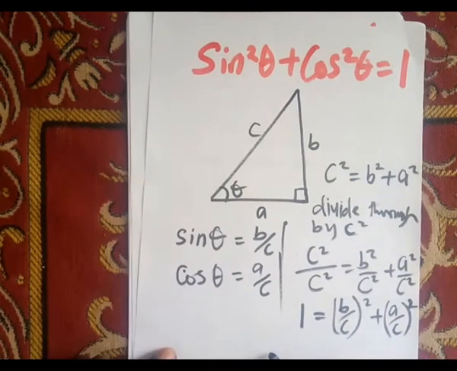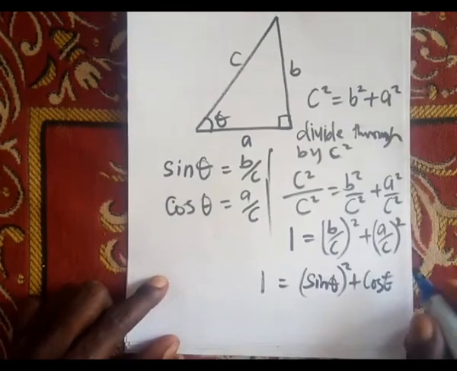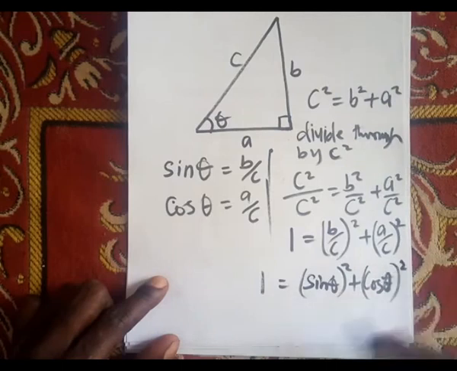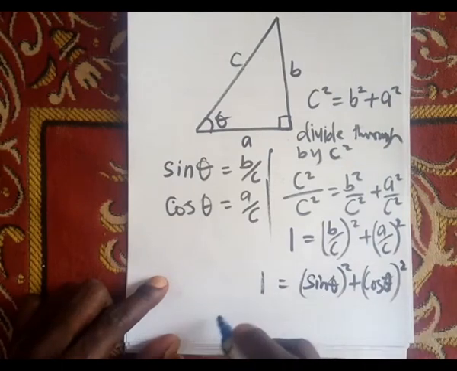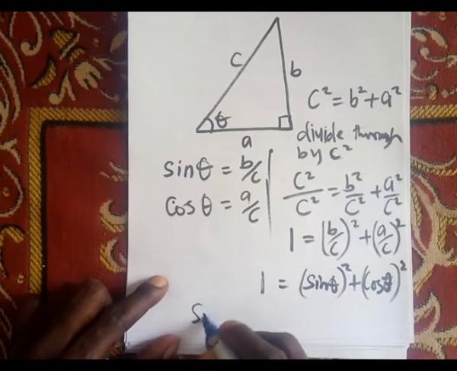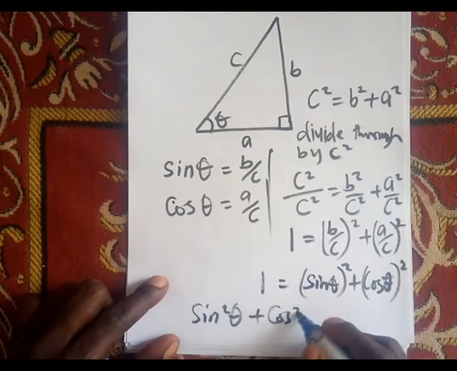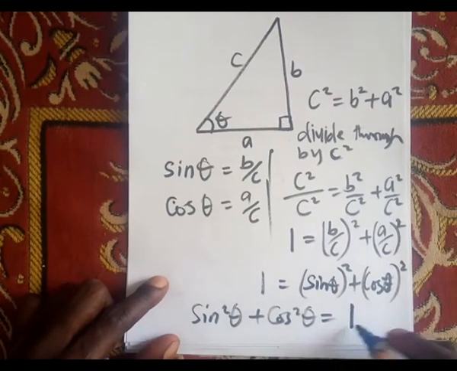So from this you can say 1 is equal to sine theta squared plus cos theta also squared. And this you can rearrange to be sine squared theta plus cos squared theta is equal to 1.